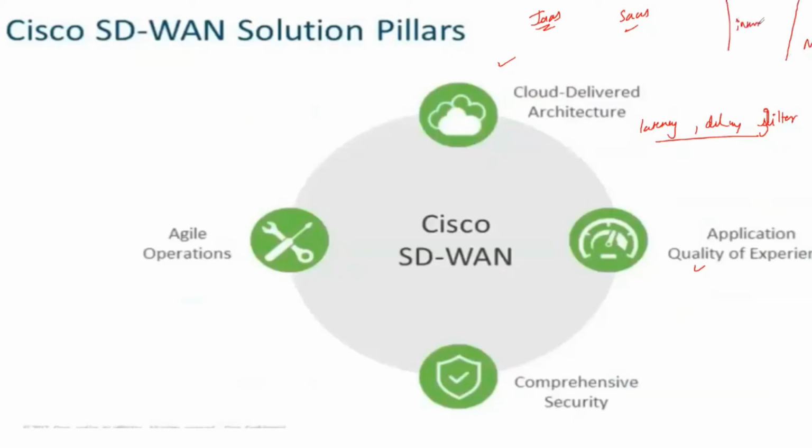Your SD-WAN solution gives the flexibility to monitor both the internet link and the MPLS link for latency, delay, and jitter for an application.